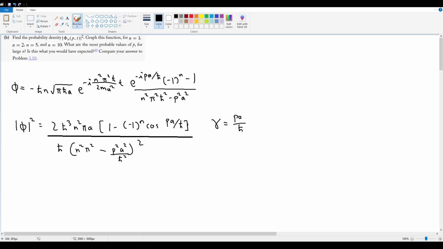In that case, similarly, I have a gamma here and I have a gamma squared here. So that means that magnitude phi squared is now equal to the h bar is, oh, sorry, this is h bar squared. Is that correct?